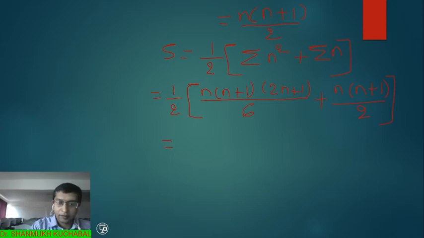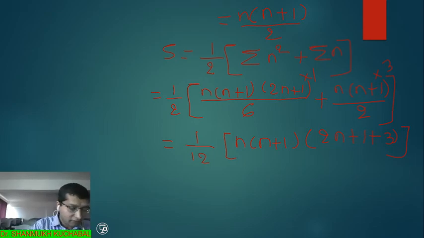So further we need to simplify this. So LCM is 12, so we get 1 by 12, n into n plus 1, we take common, we are left with 2n plus 1, and this one LCM 3, 2n plus 1 plus 3 here, like this. Here we have to multiply by 3, here we have to multiply by 1, so it is 3. Okay.